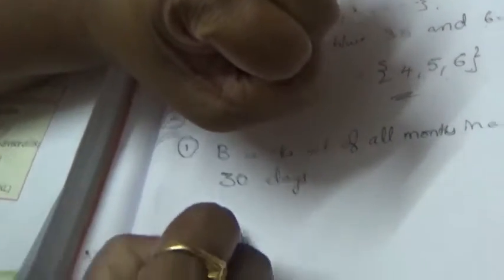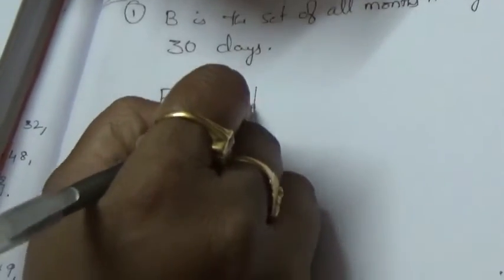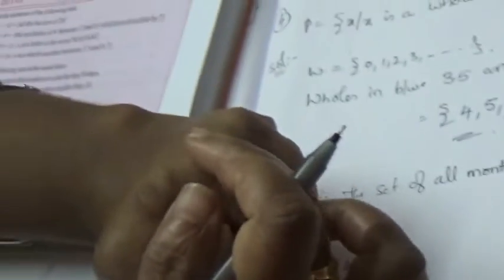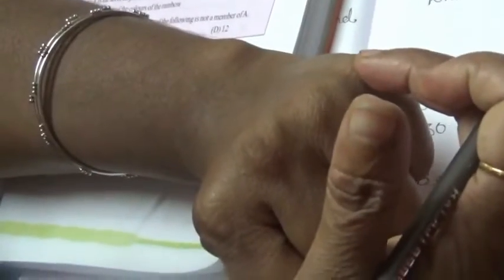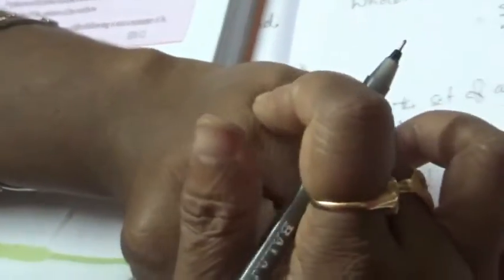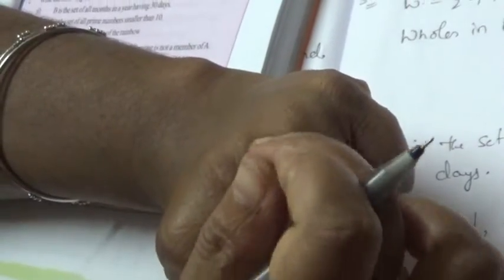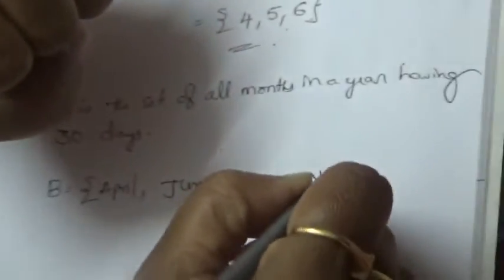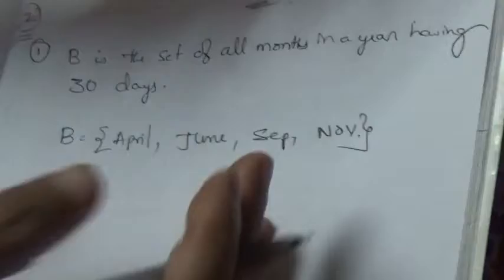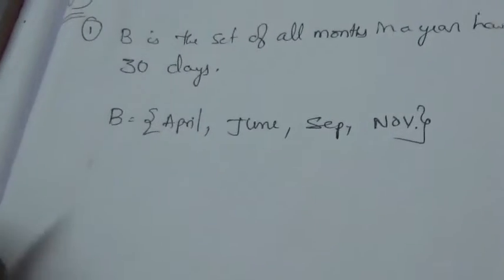So you just write B is equal to April, June, September, November. We have only 4 months in a year that have only 30 days.